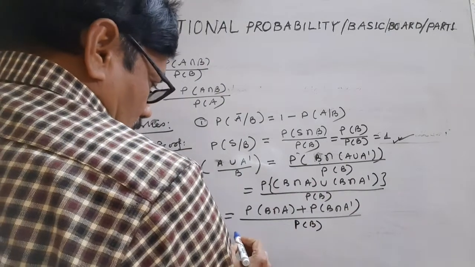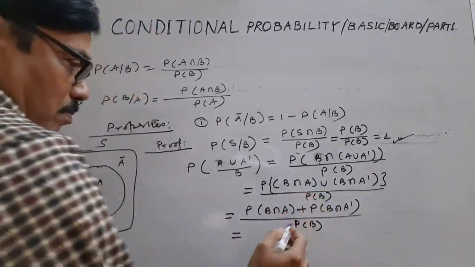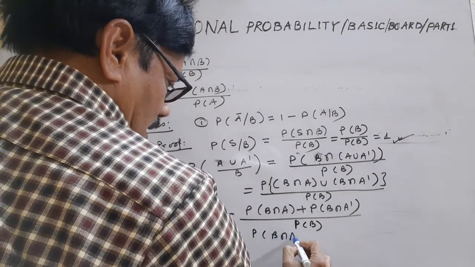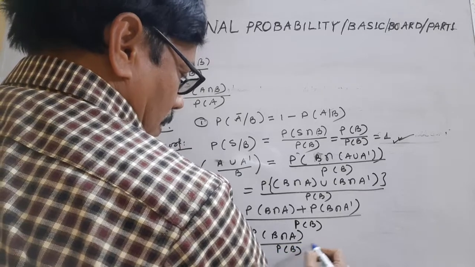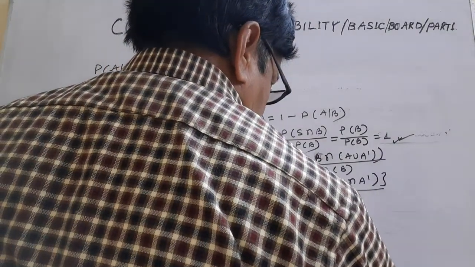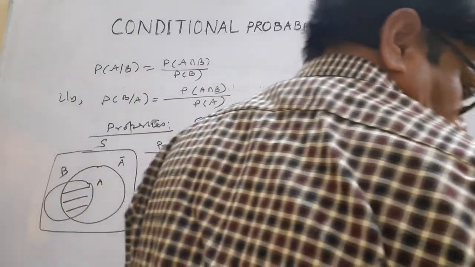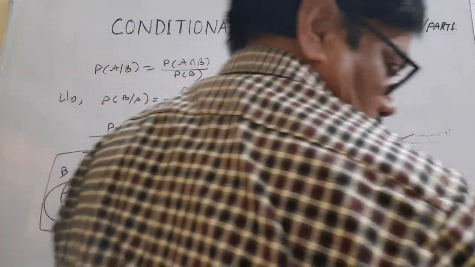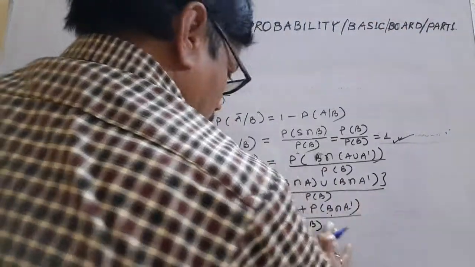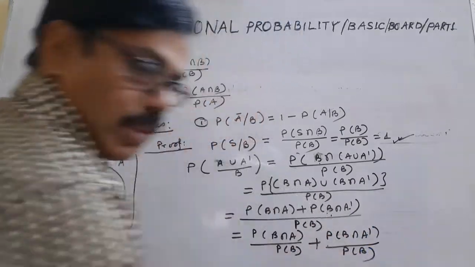Now this, P(B intersection A dashed). So P(B intersection A) by P(B) plus P(B intersection A dash) by P(B).